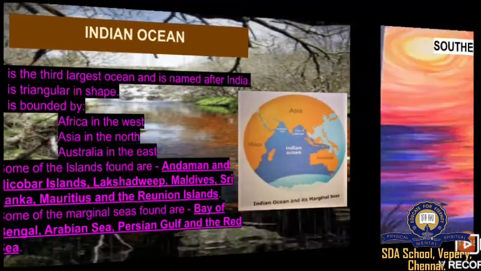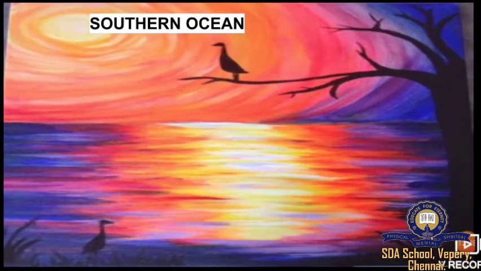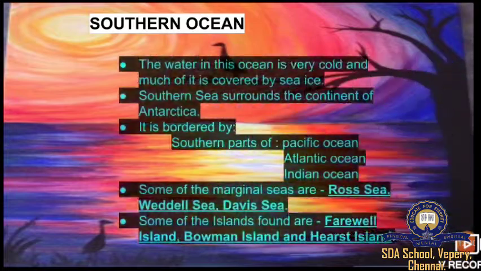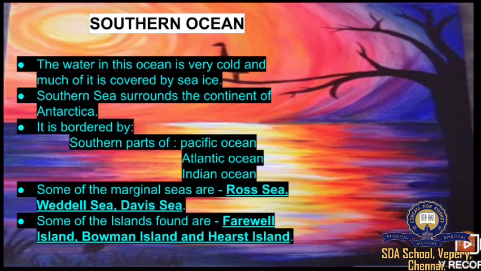Let's move on to the Southern Ocean. The water in this ocean is very cold and much of it is covered by ice. So as this ocean is covered by ice, it is very cold. Southern Sea surrounds the continent of Antarctica.